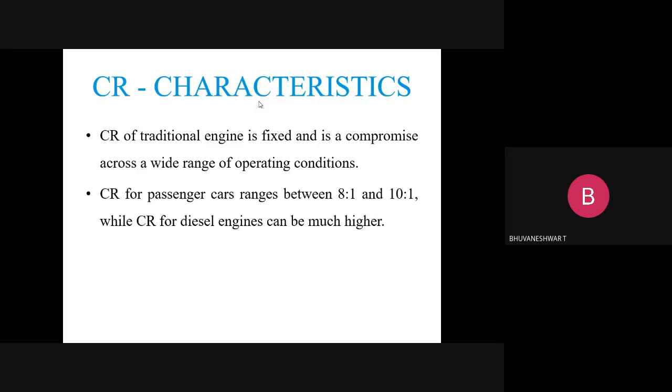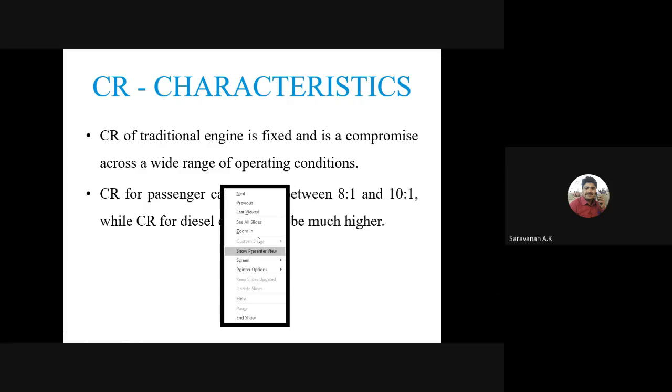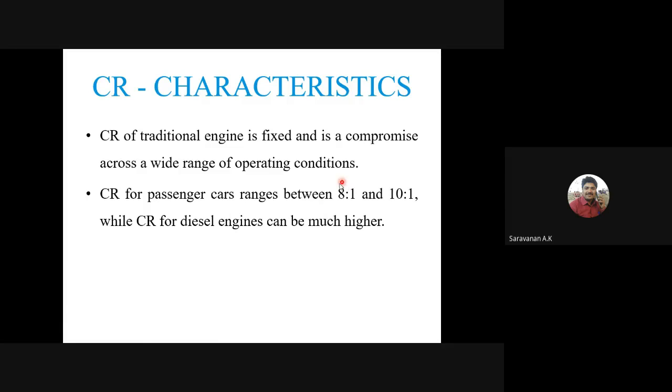Right. So the compression ratios we use are, one, the low compression ratio, and the other, the high compression ratio, right? For the low compression ratio it's around 8:1, right?